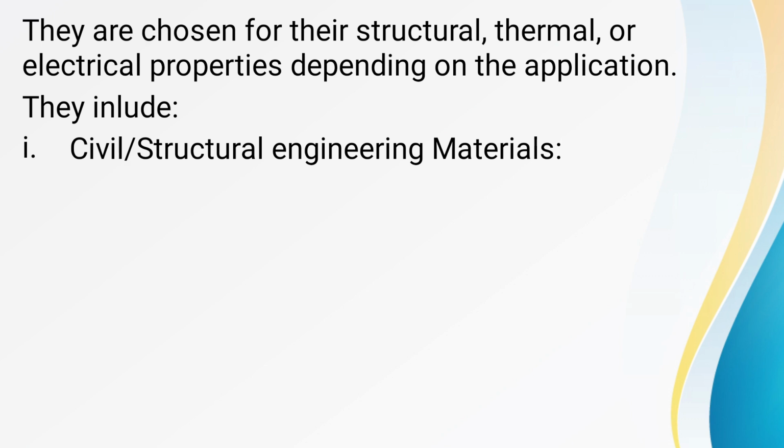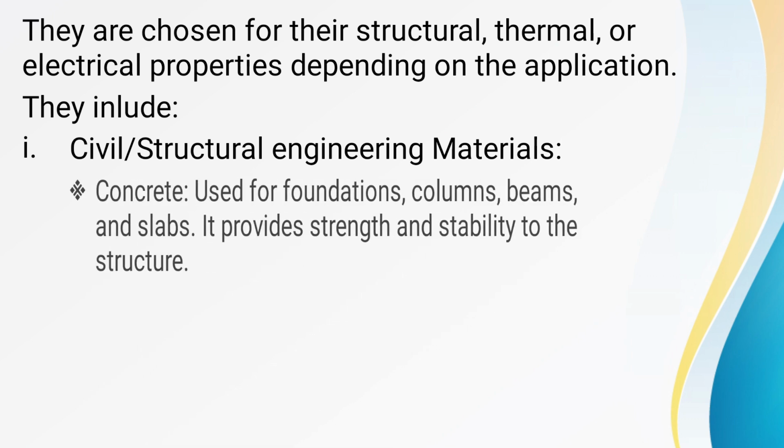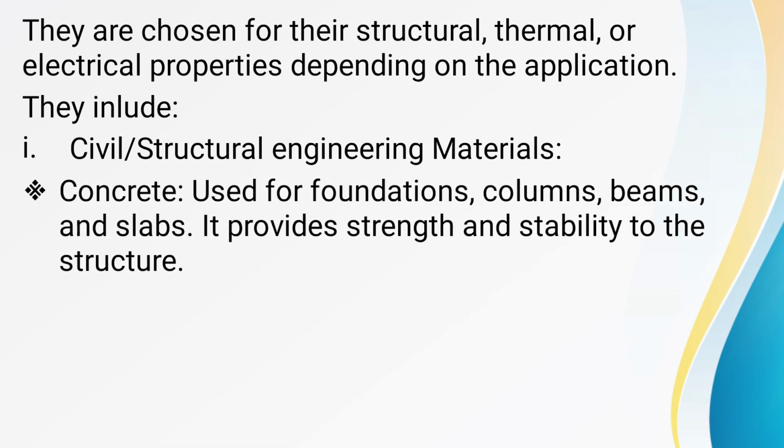And so when we are subclassifying these materials, we are classifying them based on the specific work that they will be doing. So when we classify them as civil or structural engineering materials, we'll see some common types of such.